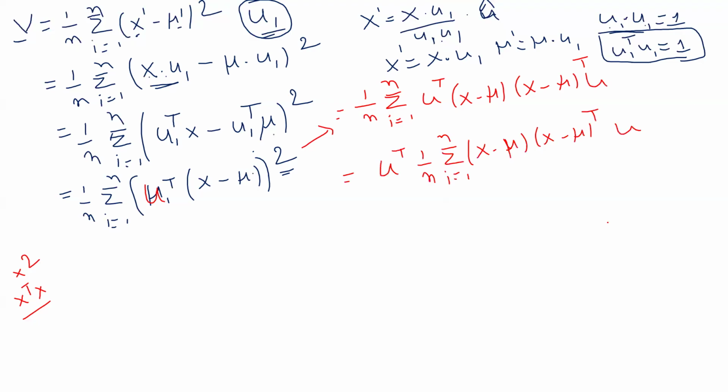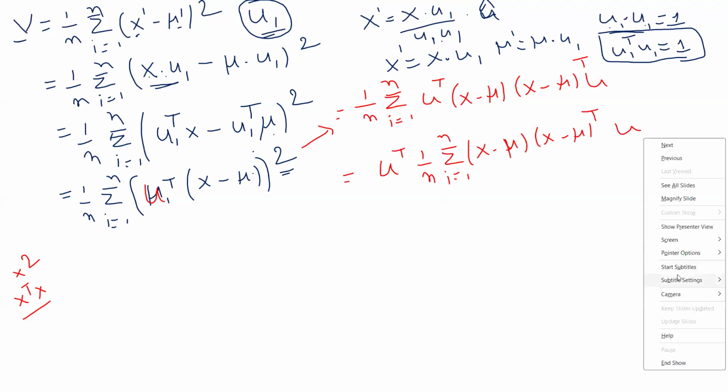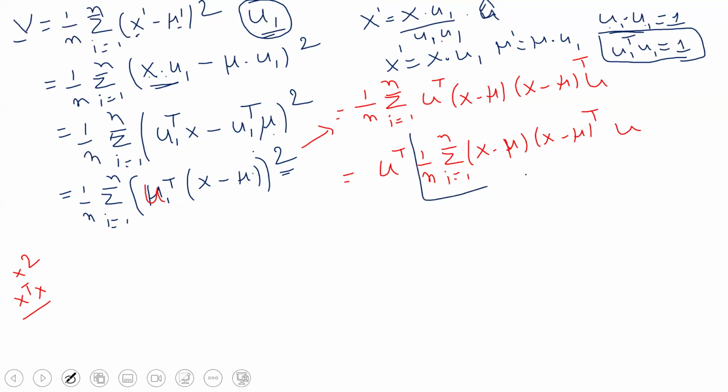Now, if you carefully observe this term, (xi minus mu) into (xi minus mu) whole transpose, can we say this is the covariance matrix sigma?